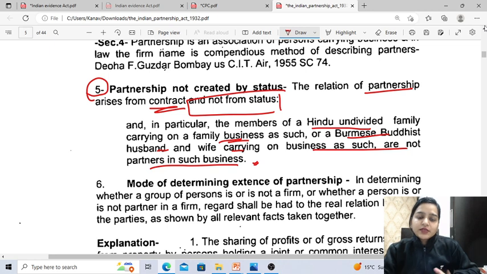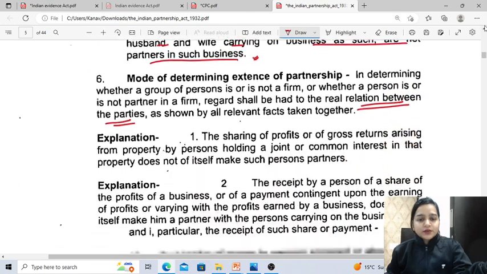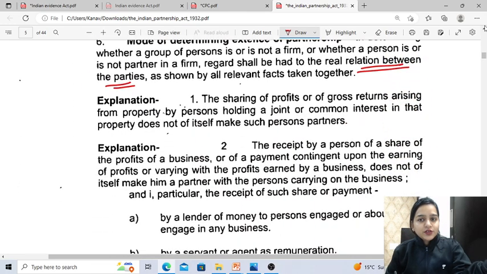कि partnership exist करती है या नहीं, वो determine कैसे होगा? So in determining whether a group of persons is or is not a firm, या फिर whether a person is a partner or not, what needs to be seen is the real relation between the parties. What is the real relation between the parties, that is to be seen. So if the partners are sharing profits or gross returns arising out of the property, that does not make them personal partners.